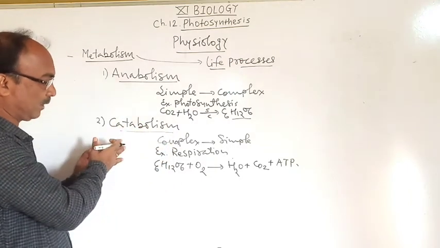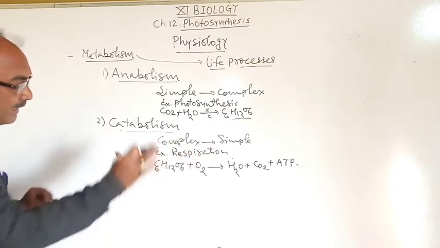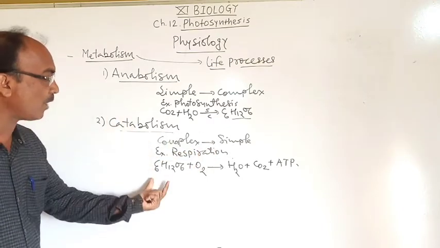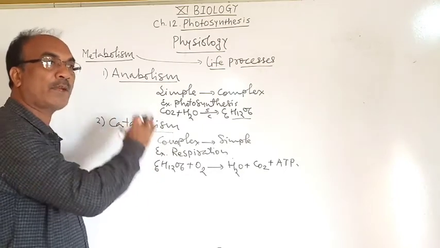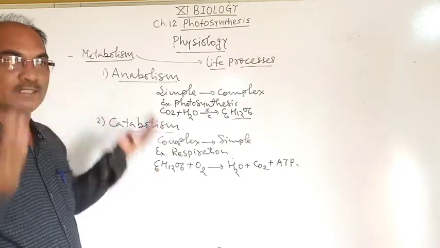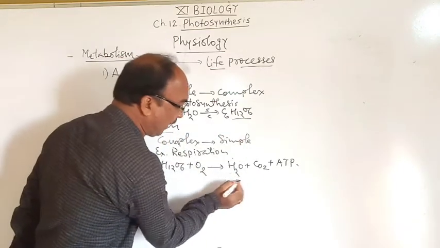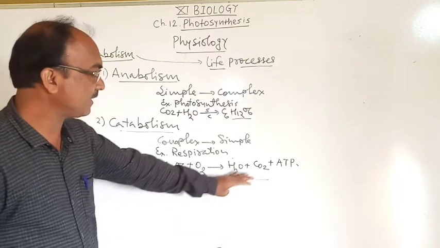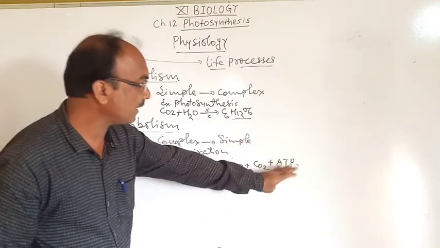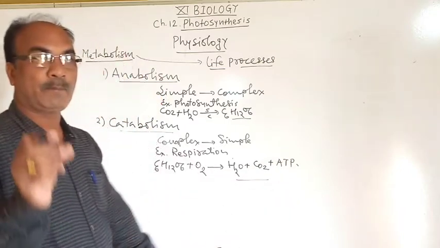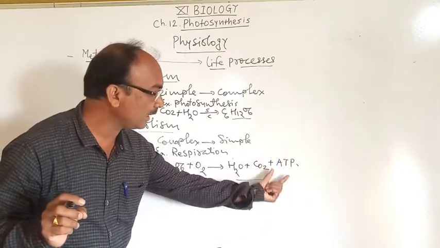For example, respiration. In respiration, the breakdown of the glucose molecule in the presence or absence of oxygen forms H2O and CO2, which are simple substances, and it produces biological energy in the form of ATP.